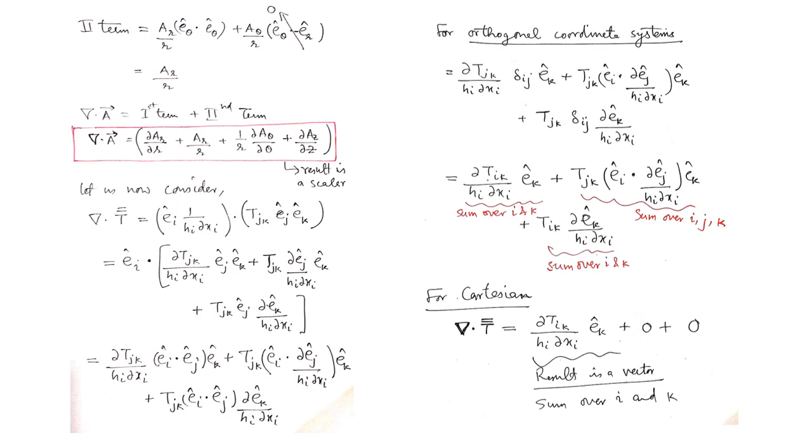The second term being orthogonal set of unit vectors, so e theta cap dot minus er cap goes to 0. And the first term is simply Ar over r, because e theta cap dot e theta will be 1. So finally we have the divergence of a vector in cylindrical coordinates, the sum of the first term and the second term.